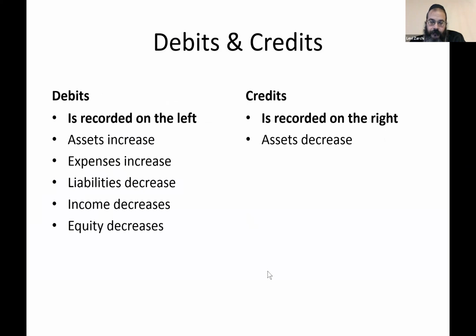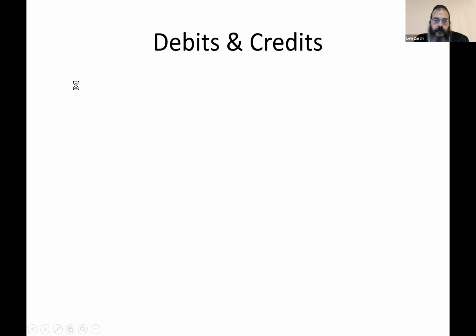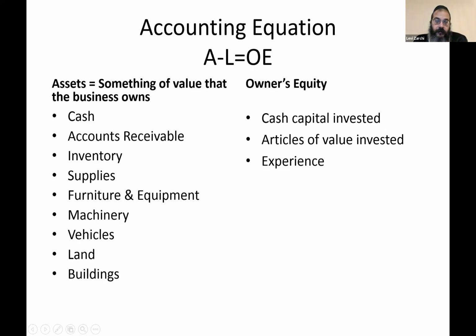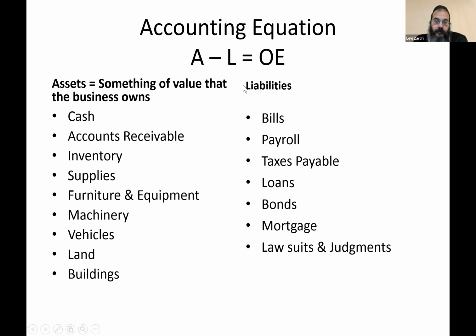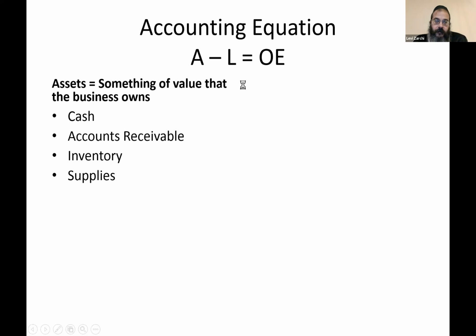Now, I said a number of times that we have the two sides of the equation. We have the assets on the left side, and we have the liabilities and the owner's equity on the right side. Now, think about it, what is owner's equity?